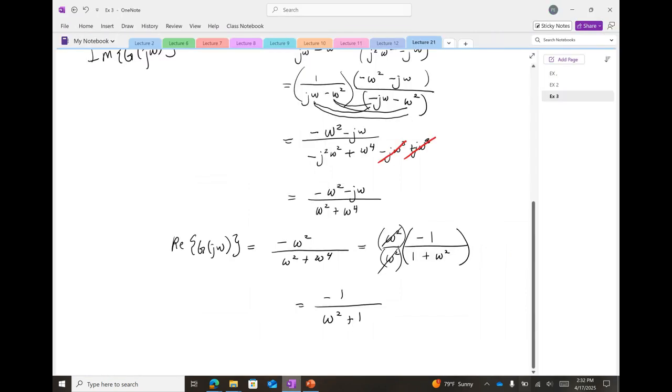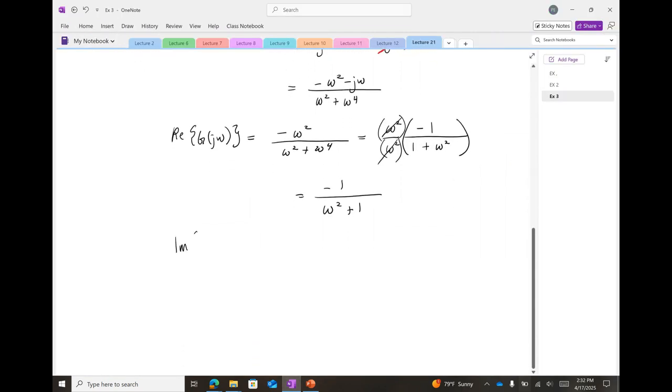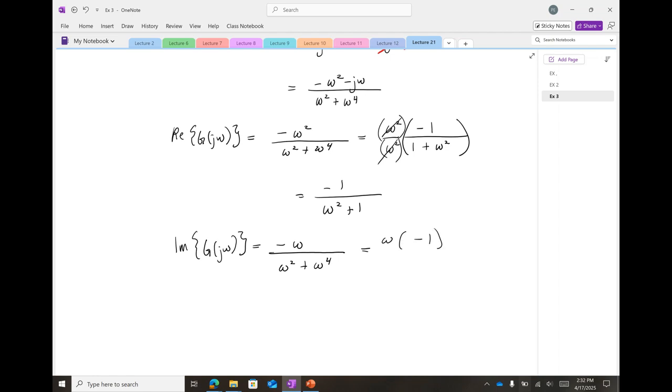Okay, and for the imaginary part, we get minus omega divided by omega squared plus omega to the 4th. So again, we can factor out an omega, so we get a minus 1 on the top. And if we factor out an omega on the bottom, we get omega plus omega cubed.